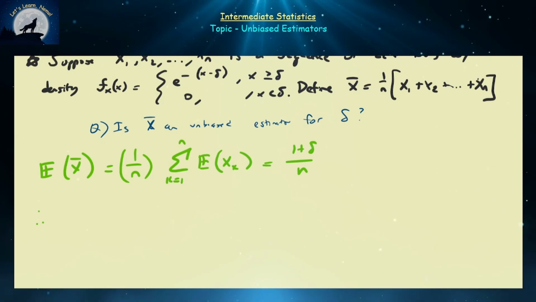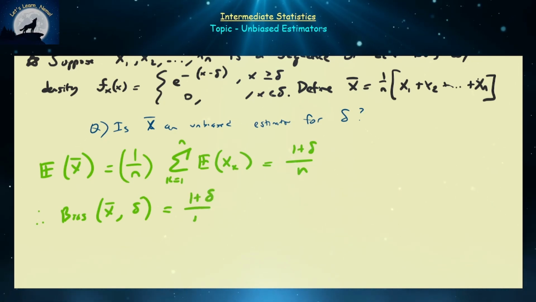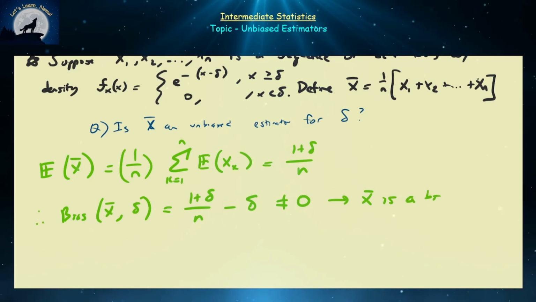So if this is truly unbiased, then the bias of x bar for delta should be equal to 0. But this is (1 plus delta) all over m minus delta. And obviously this is not equal to 0 for all m, right? So therefore, x bar is what we call a biased estimator for delta.